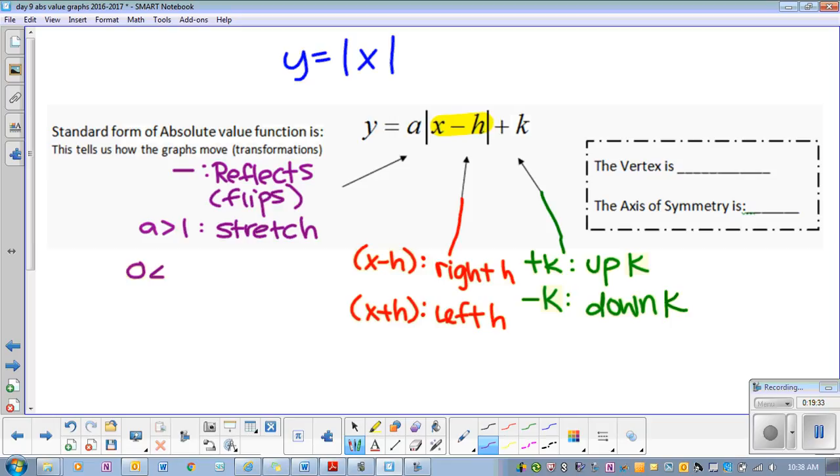But if you have a number bigger than 0 and less than 1, like 1/2, 1/3, 5/6, then this compresses it. Okay? Questions?